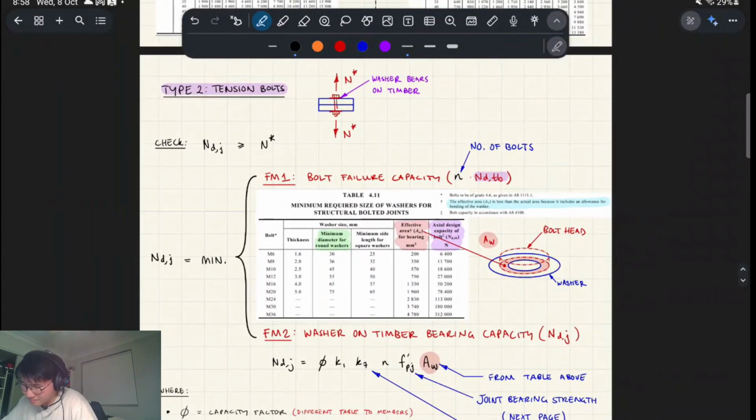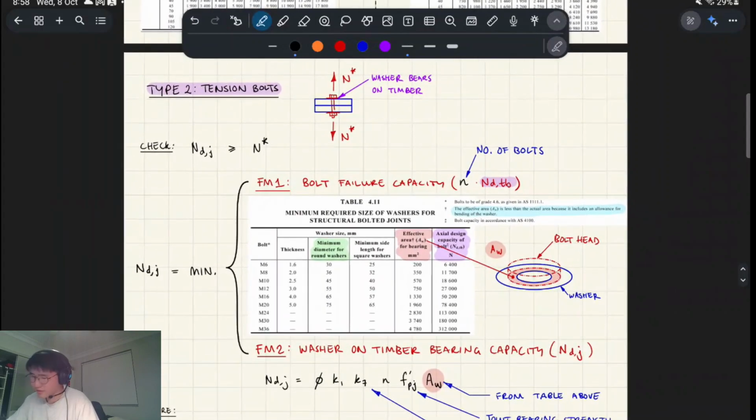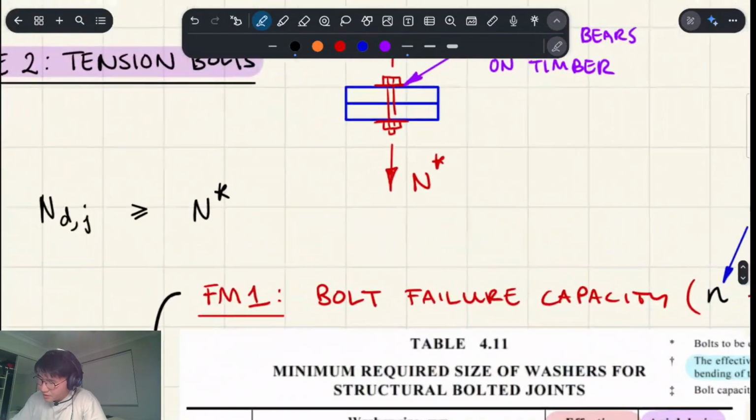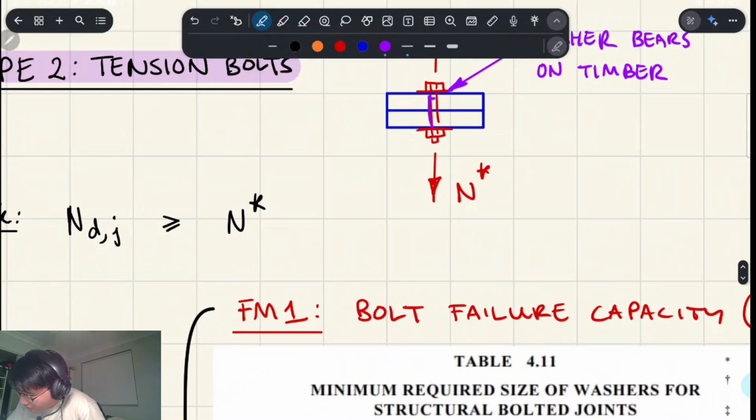Okay. Tension bolts. When the bolts are in tension, we've introduced more failure mechanisms. There are two for bolts, and there's going to be a third one for coach screws. For bolts, you've got your bolt failing.